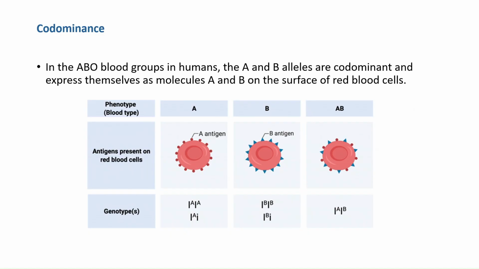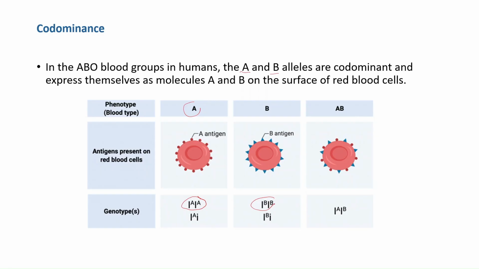The blood groups in humans, and this is not all the blood groups, but this is an example of codominance because you have an A allele and a B allele that are codominant. Okay? So when both alleles are A, you form an A antigen and you have A group.